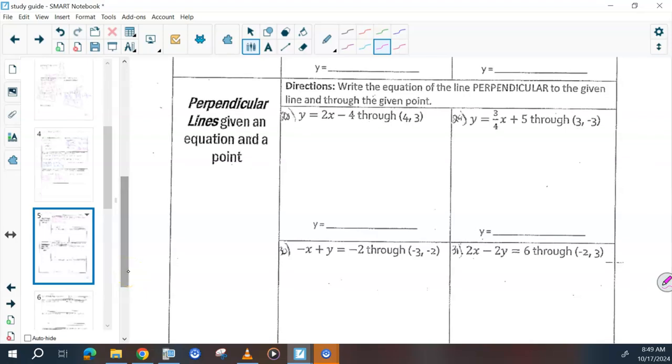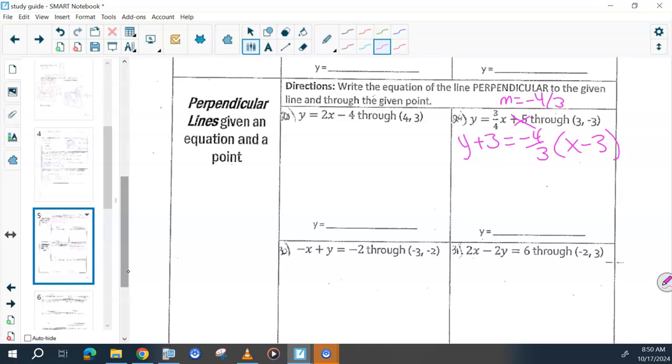So same kind of process, but we have to change our slope first. What would the perpendicular slope to 3/4 be? Negative 4/3. So then we're going to put all of those numbers into our point slope using the same process. So y plus 3 equals negative 4/3 times x minus 3.